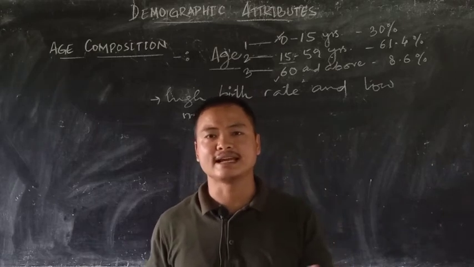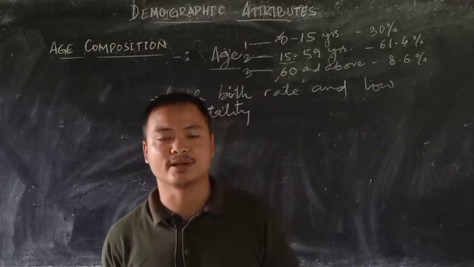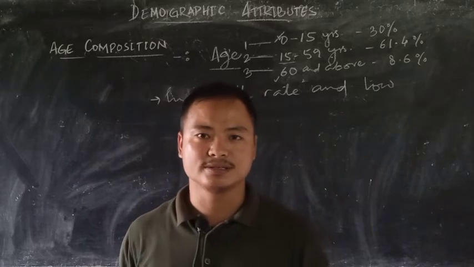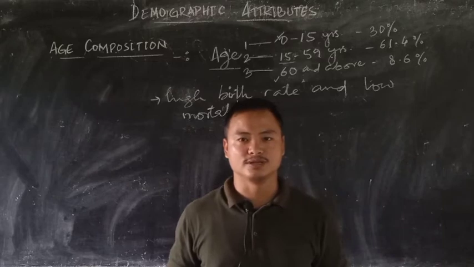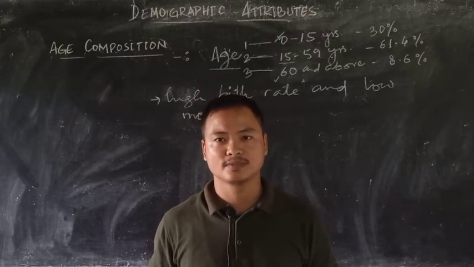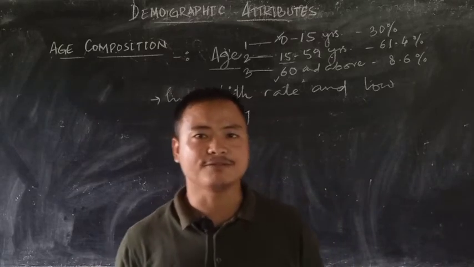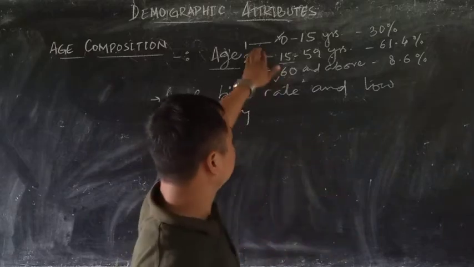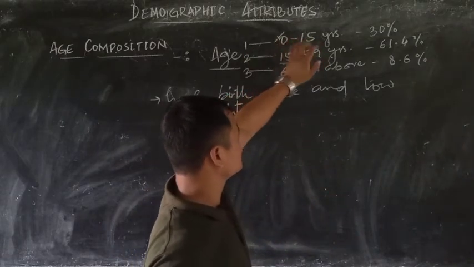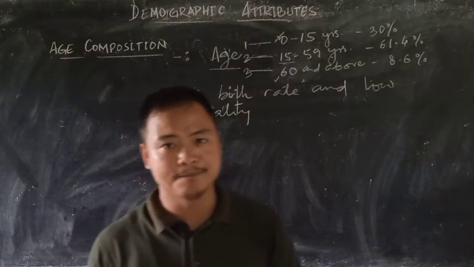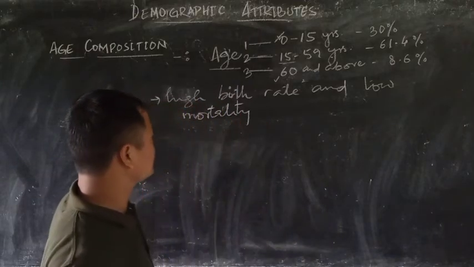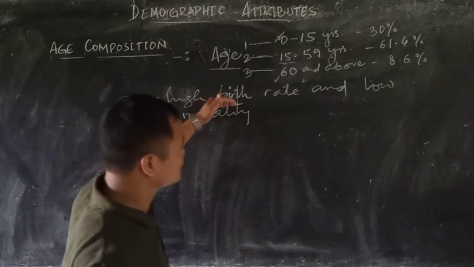On the left hand side of the age-sex pyramid, the male population is shown, while on the right the female population is shown. So in this, what we find in India is that the population group between 0 to 15 years of age is higher. What must be the reason for this being quite high? We already came to know.